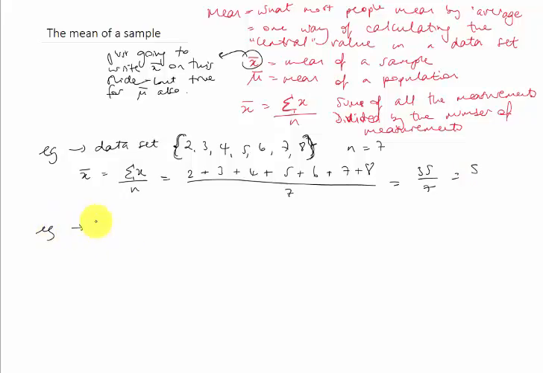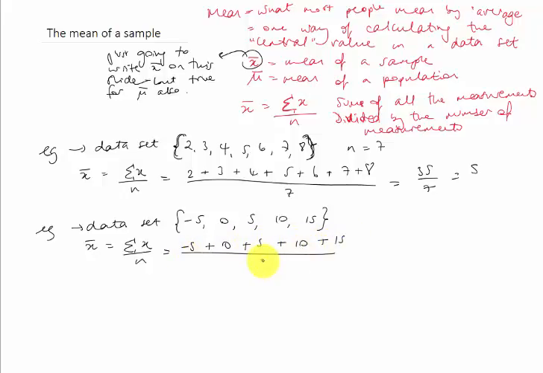How about another example now? This other data set just has -5, 0, 5, 10, 15. So use that same formula, the sum of the x's divided by n, so that's -5 plus 0 plus 5 plus 10 plus 15 divided by 5, because n equals 5.